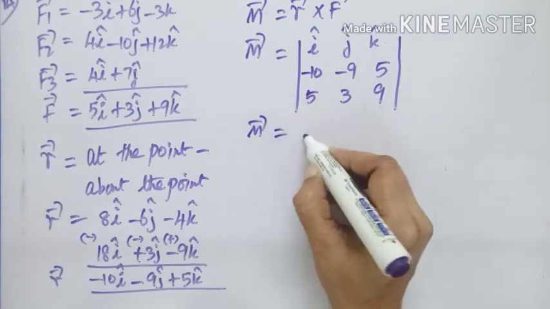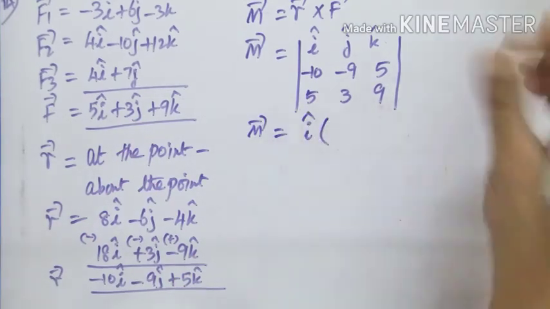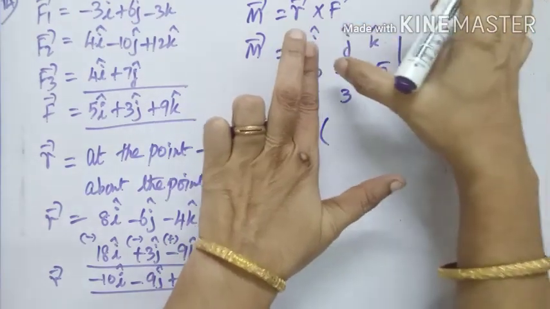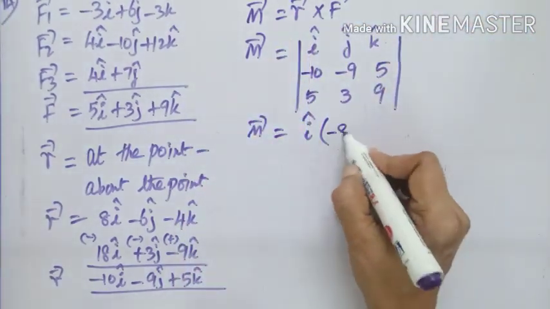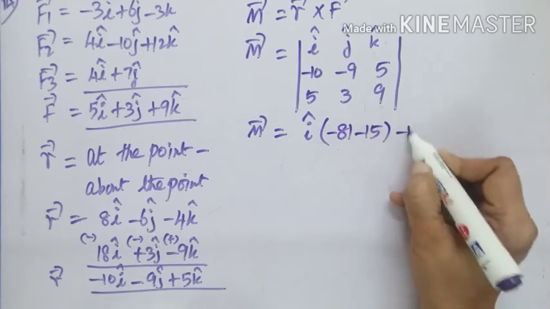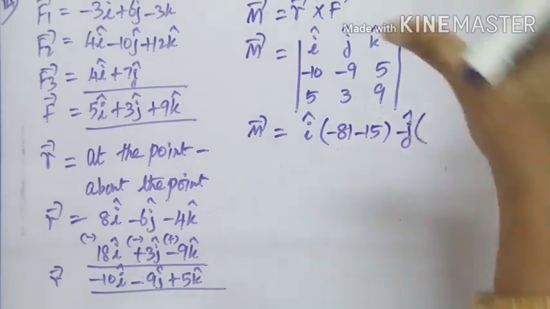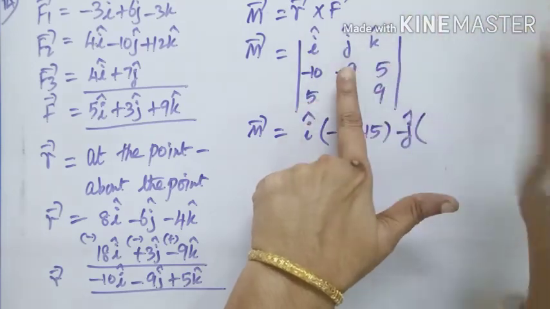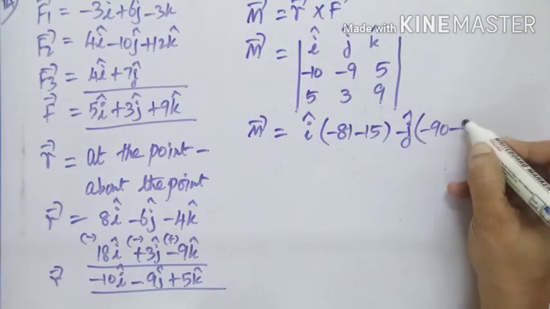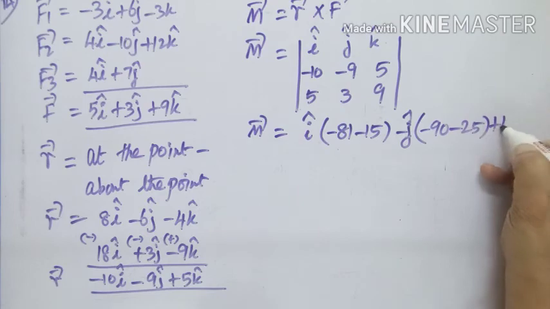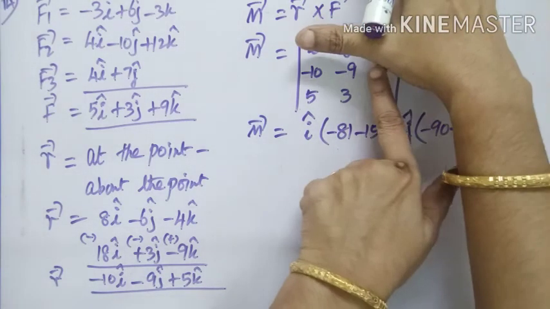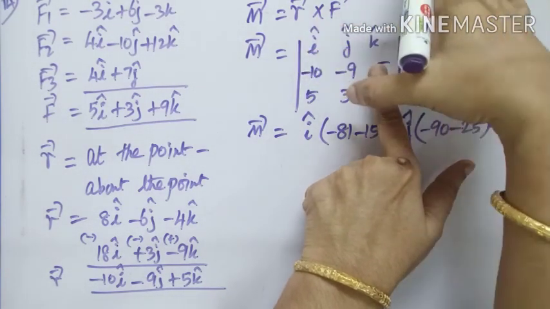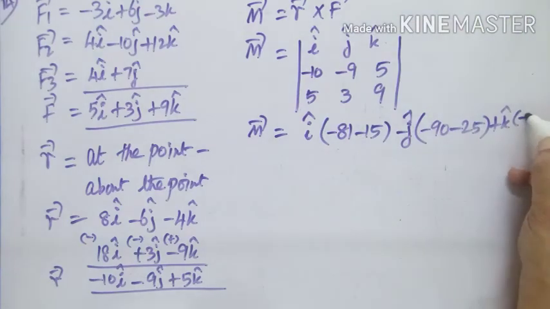Expand it. I into. Hide the row, hide the column. Minus 81 minus 15. Minus J into. Again hide the row, hide the column. Minus 90 minus 25. Plus K into. Hide the row and column. Minus 30 plus 45.